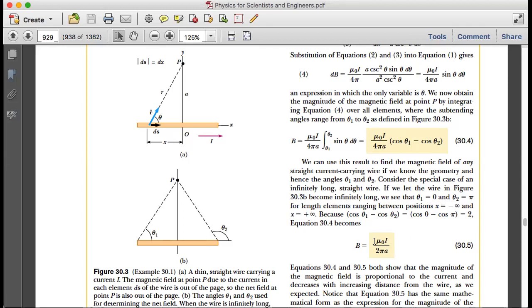So if L is very long compared to this A, then we get this 30.5. In other words, we have a very long, thin wire.